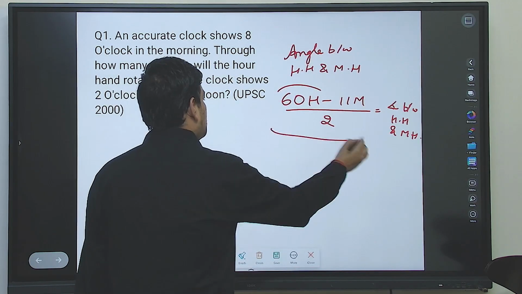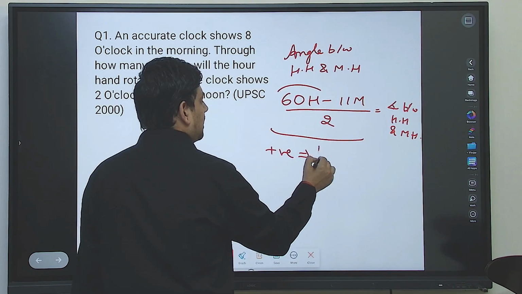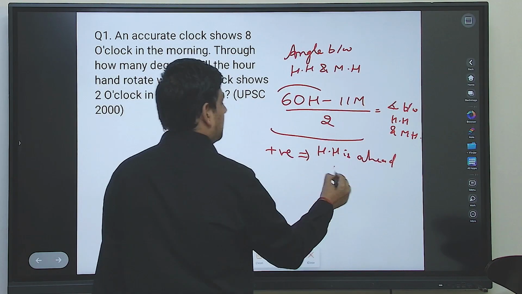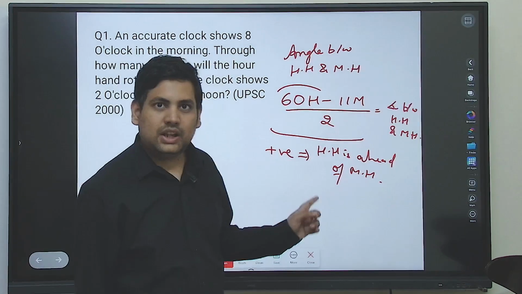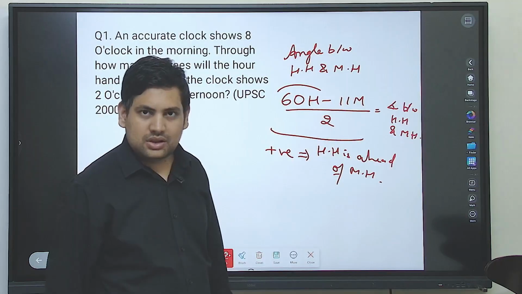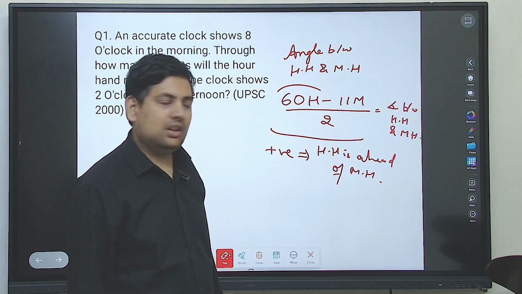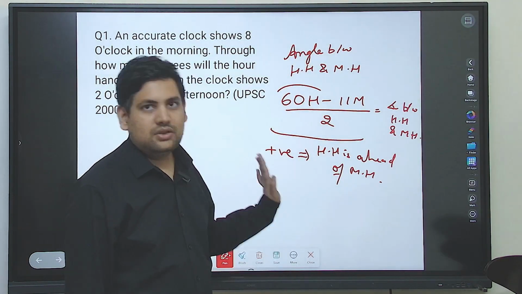If it gives a positive value, that means the hour hand is ahead of the minute hand. If the value comes out negative, that means the minute hand is ahead of the hour hand. Understood? Simple. Now, if some random angle is given, then you will have to take both plus and minus. So this is the convention.